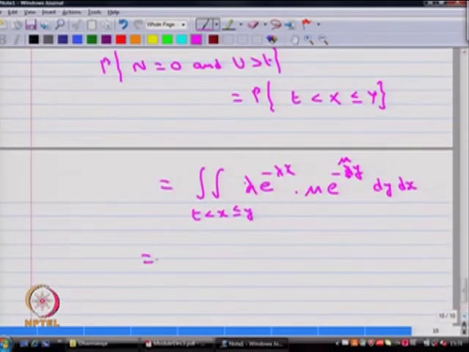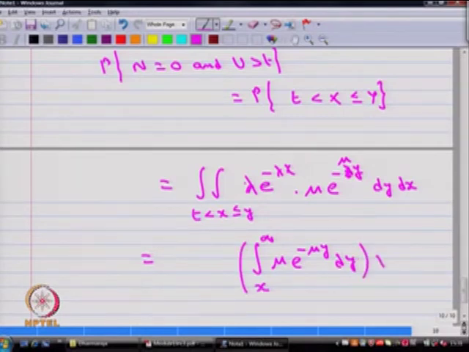That is same as the inner integral from x to infinity of mu times e power minus mu y dy, then lambda times e power minus lambda x, integration with respect to x between the limits t to infinity.